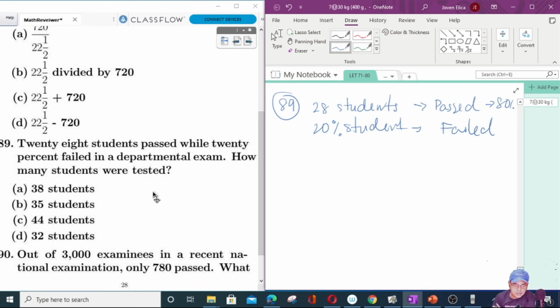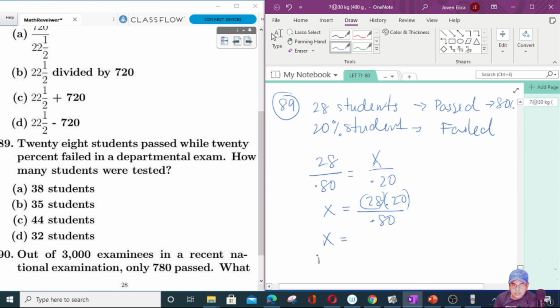Now, the total number of students tested, by ratio and proportion, we can equate this as 28 is to 80%, as X, the total number tested, is to 100%. If we cross multiply, X is equal to 28 multiplied by 0.20 divided by 0.80.